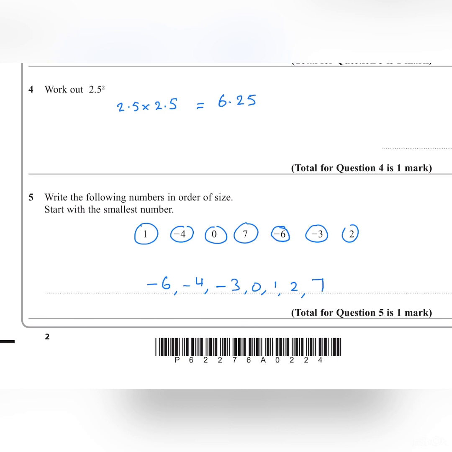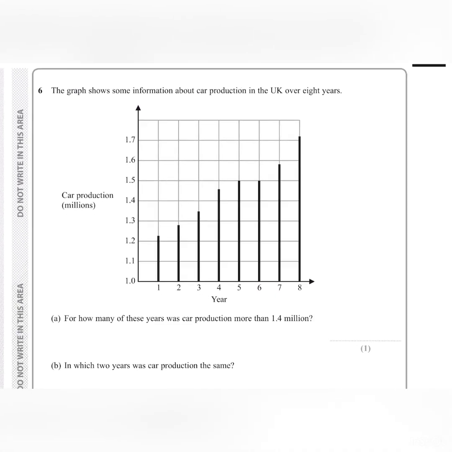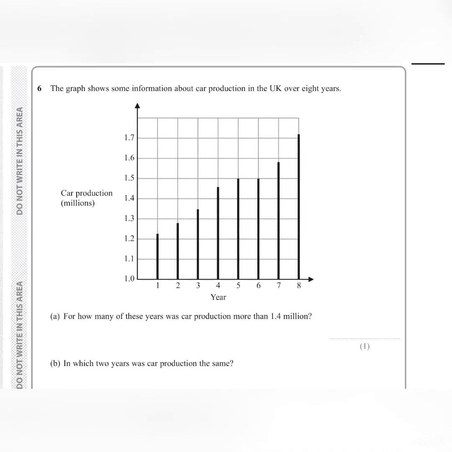Okay, question number 6, it says the graph shows some information about car production in the UK over 8 years. Okay, and we got car production millions on the side, and we got year at the bottom here. Now, if you look at the year 1, there were over 1.2 million cars made in the UK.